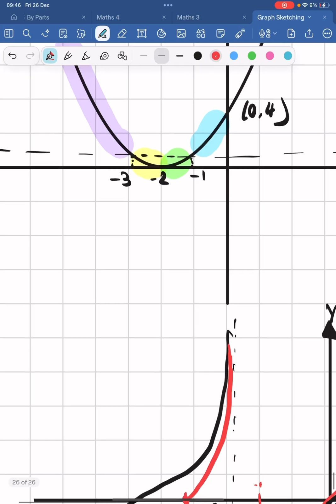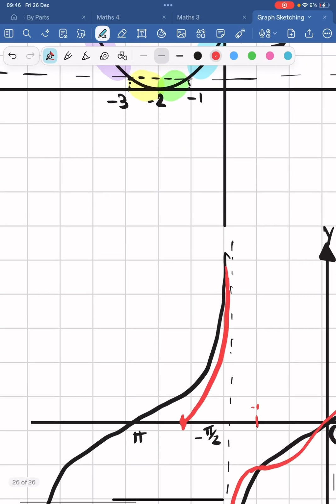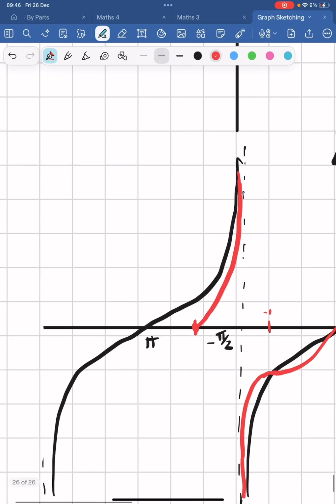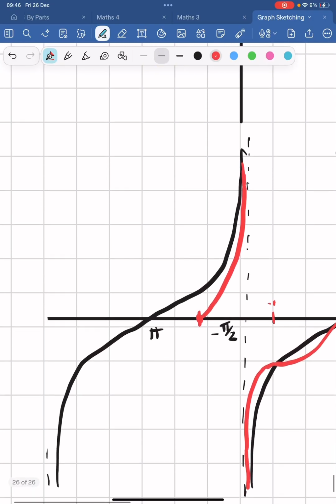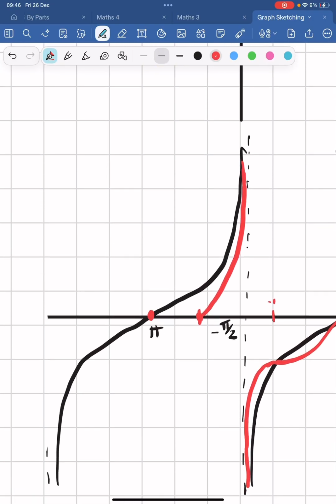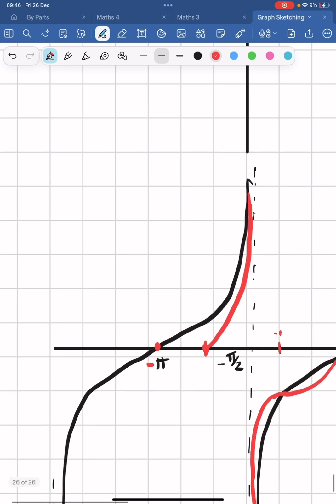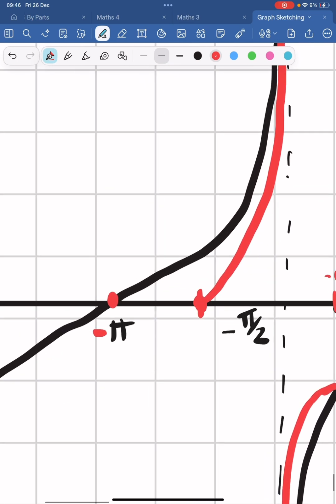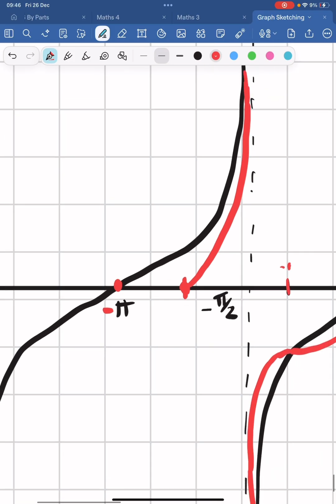Now we're considering the yellow region between minus 2 and 3. Well, we know for certain that the graph will be at minus pi, 0. Now let's assess between minus pi, 0 and our last part where our graph hits 0.